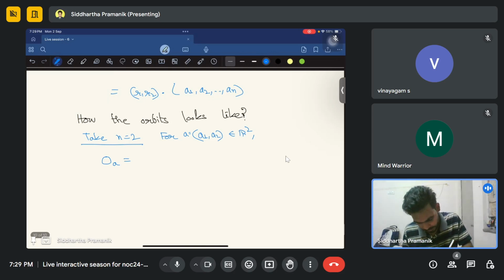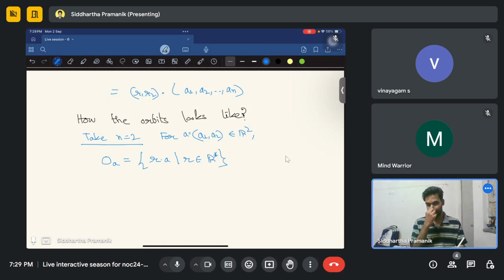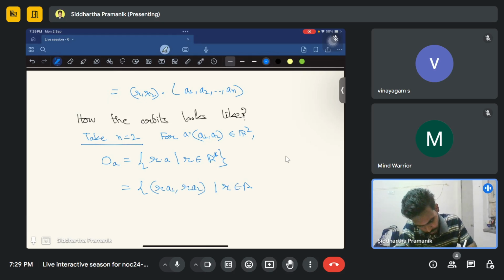It is the set {r·a such that r belongs to G}, which is our R star. This is by definition. But what is this set? This is actually {(r a1, r a2) such that r belongs to R star}.